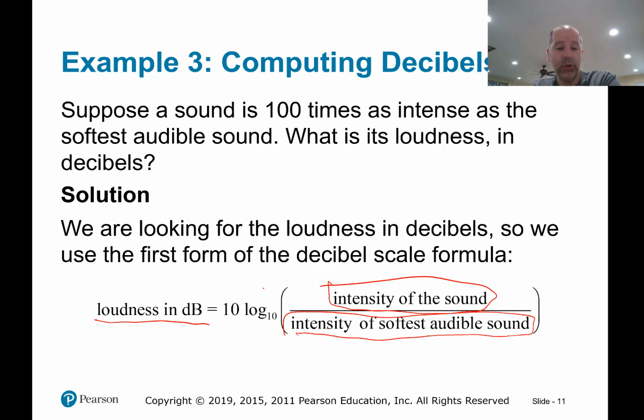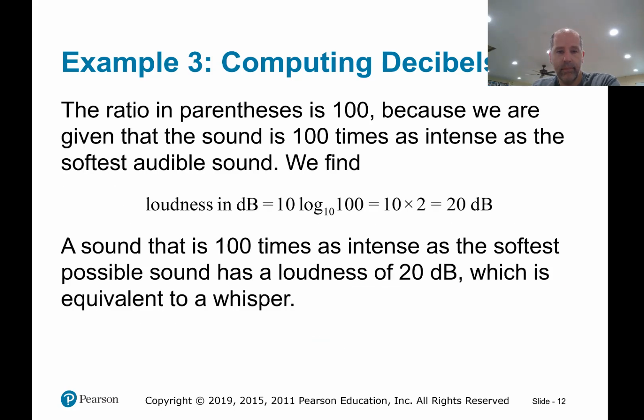What we do know is the ratio of these two sounds is 100, because it's 100 times as intense as the softest audible sound. So this ratio is equal to 100, and that's why we put 100 in here.